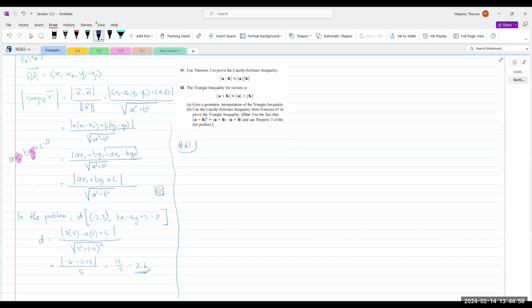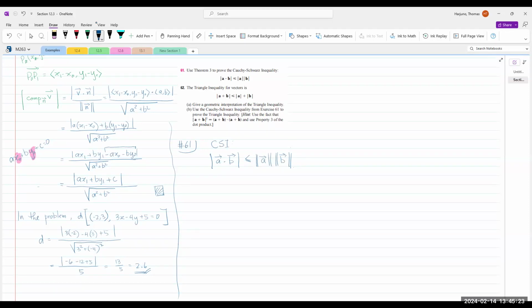the Cauchy-Schwarz inequality, that says the absolute value of the dot product is less than or equal to the product of the magnitudes of those two vectors. But this question is actually very easy to do.